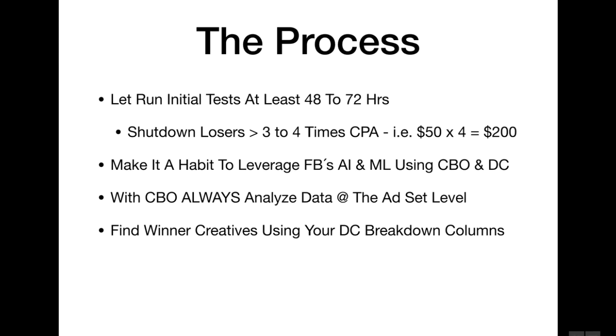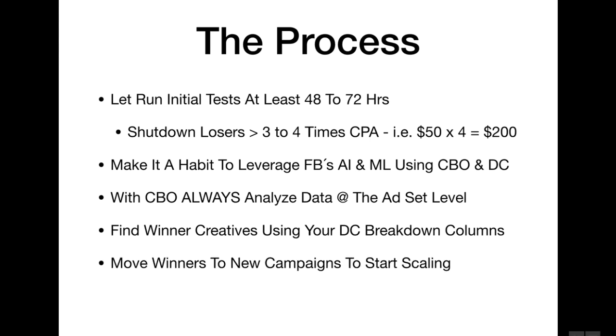We're just going to take out the ones that are probably making you sales, but the cost per result for that specific creative is too high, right? So it's not under our KPI, so we just leave out that creative, and we'll just use the ones that are making us sales within their KPIs, under the ideal cost per result. And then we're going to move winners to new campaigns to start scaling.